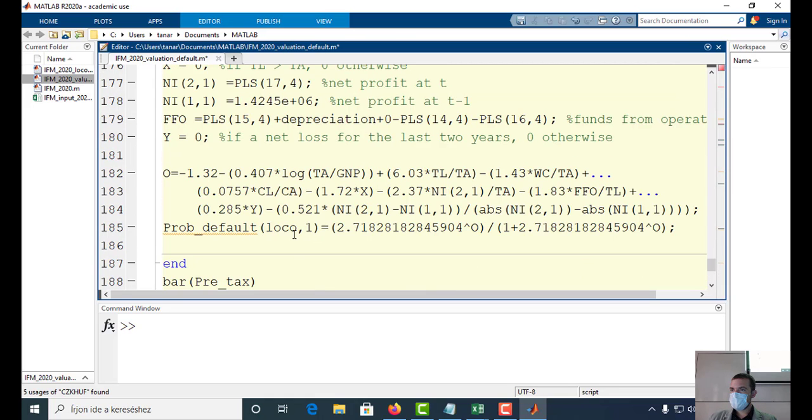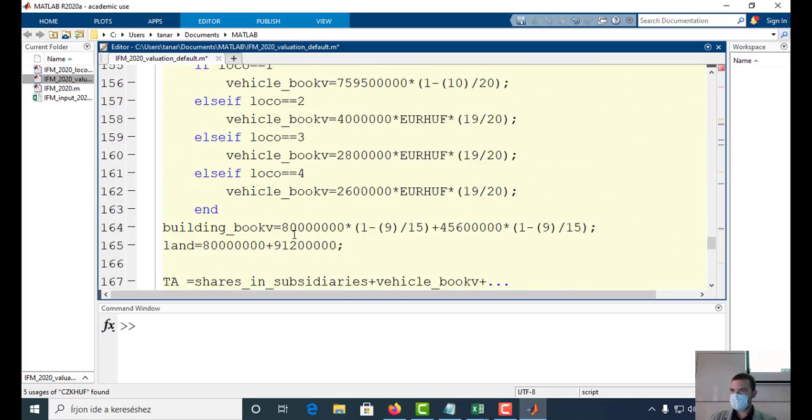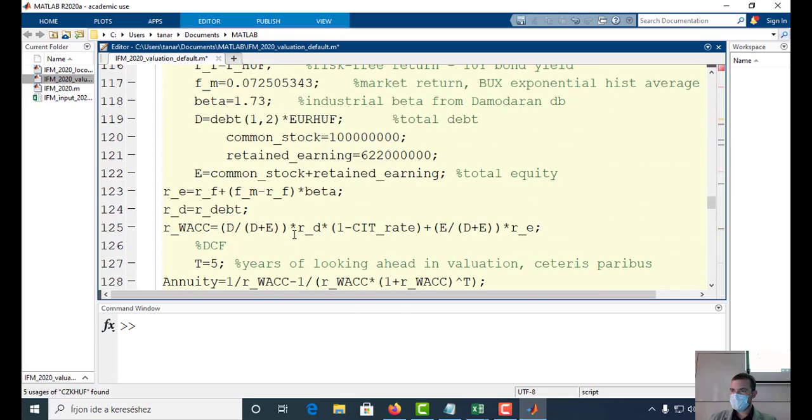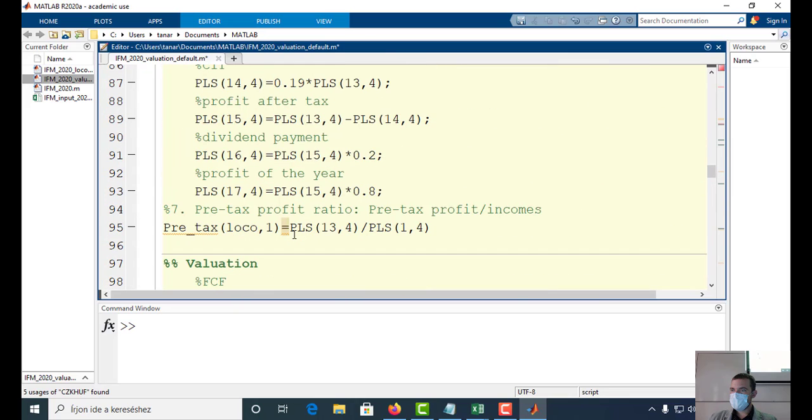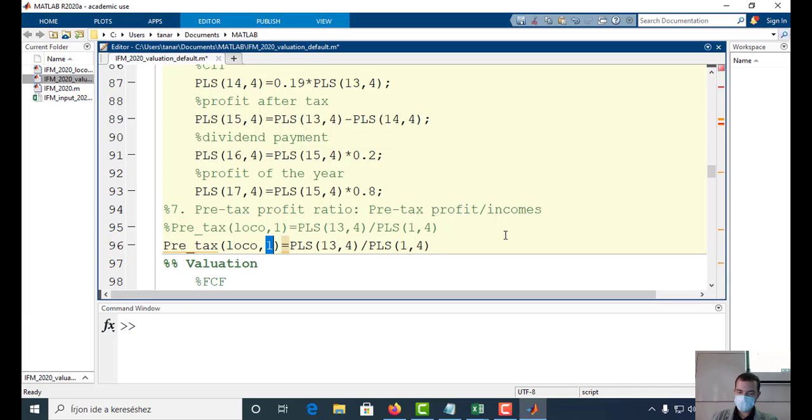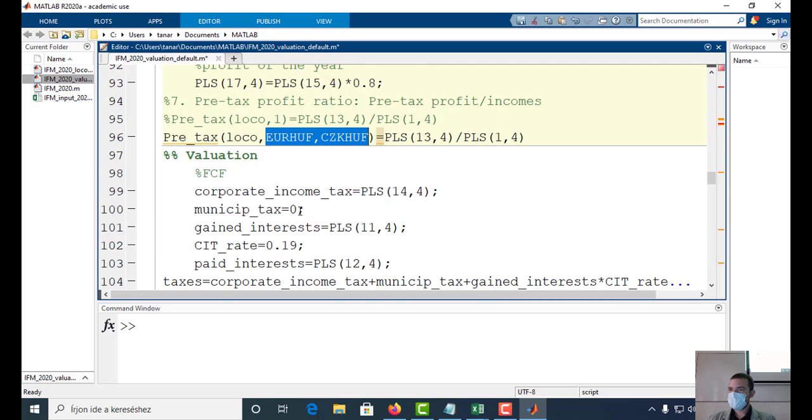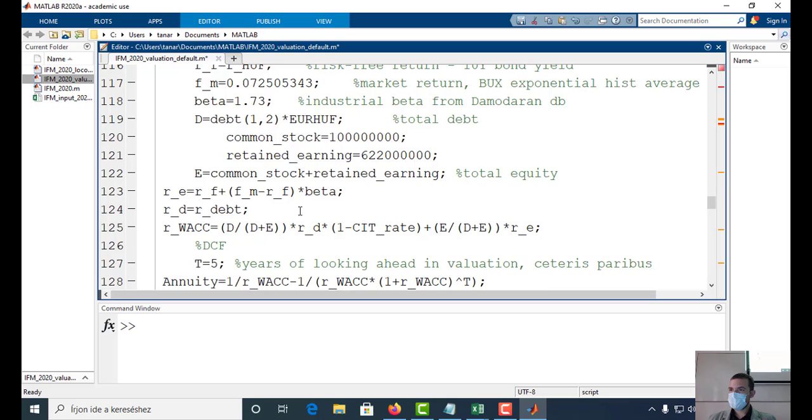And now we have to add additional dimensions to everything because we have the pre-tax ratio. In the past it was related to the locomotive. Now we can let it go to sleep, and we can say that it's EUR/HUF, CZK-HUF. So it will be 3-dimensional. It will be so nice.